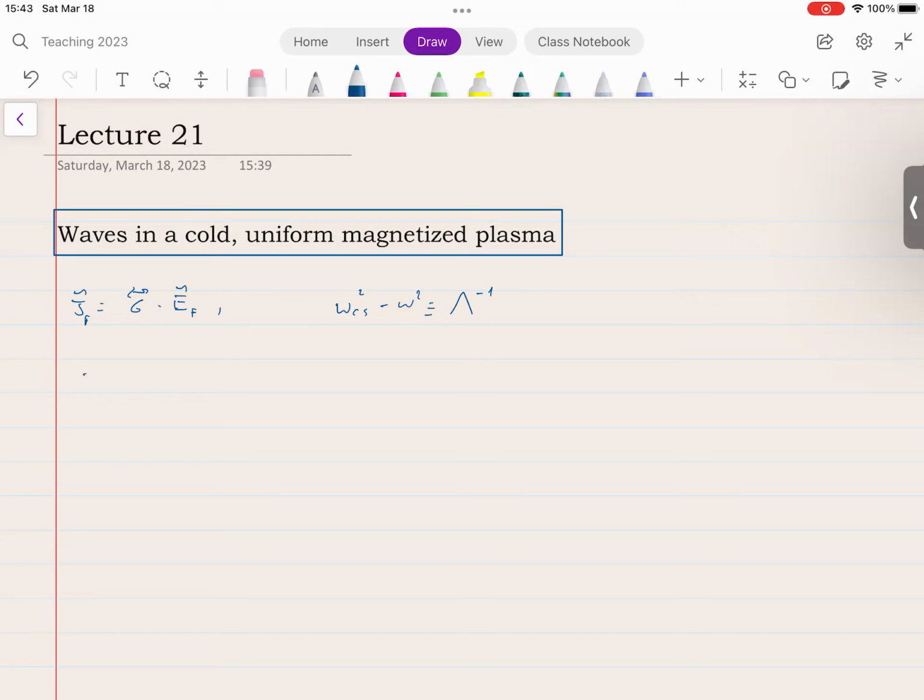We found the system of equations, Jx, Jy. I'm not going to say Fourier, but this is all in Fourier space, and you have this from the previous lecture.